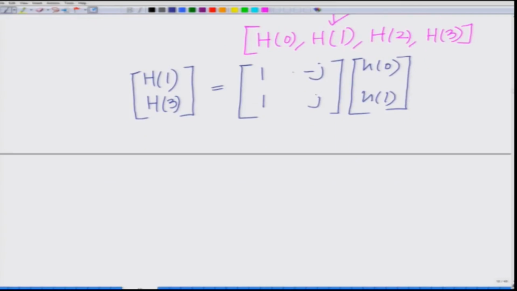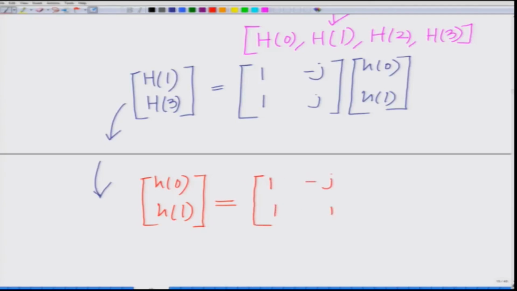And now, if you look at this, it is easy to see that the channel taps in the time domain, that is h hat 0, h hat 1, are given by the inverse of this transformation matrix [1, -j; 1, j] times H hat 1, H hat 3.